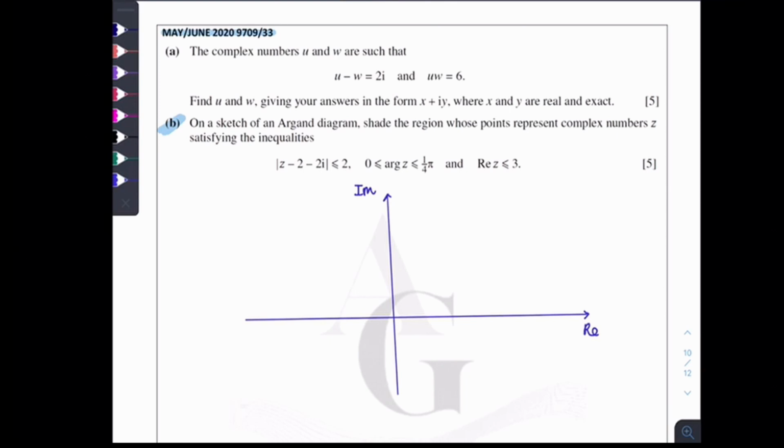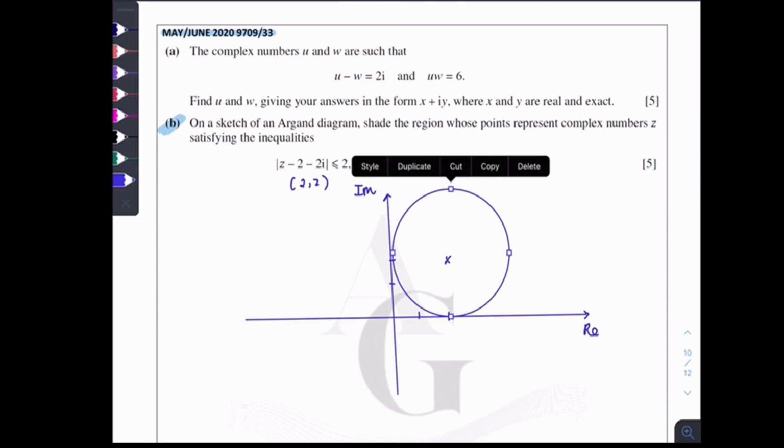So have a look at the first one here. One side is modulus, the other side is a constant, which means it's a circle. And for this circle, the radius is 2, and the center here should be 2, 2. So 1, 2, 1, 2. Center over here, radius 2. So make sure that your circle is touching the x and y axis.